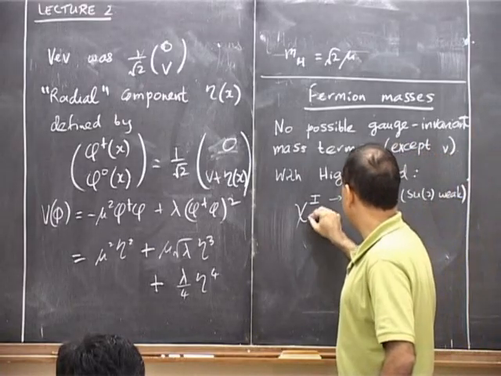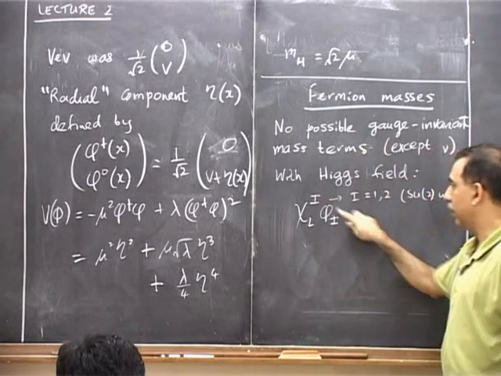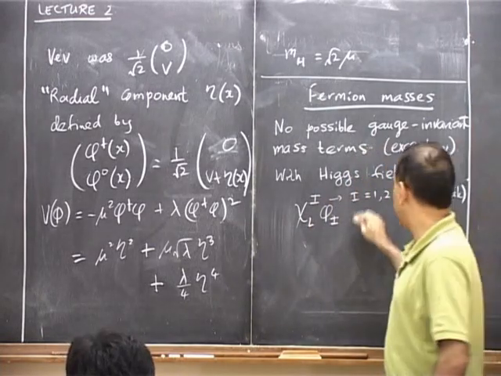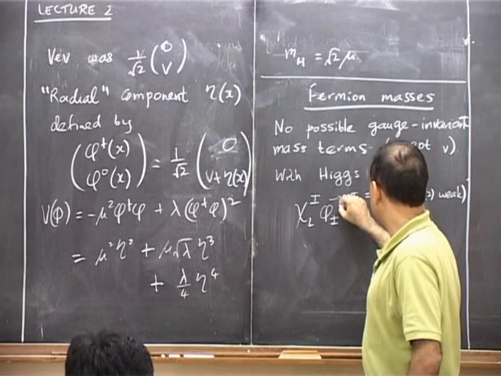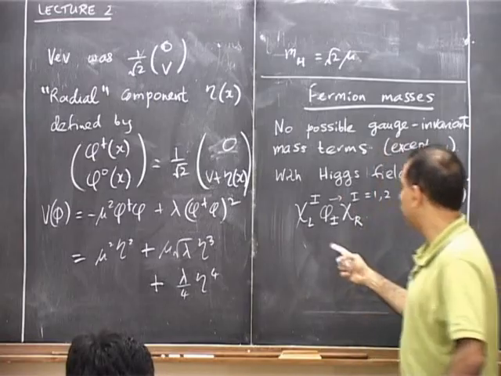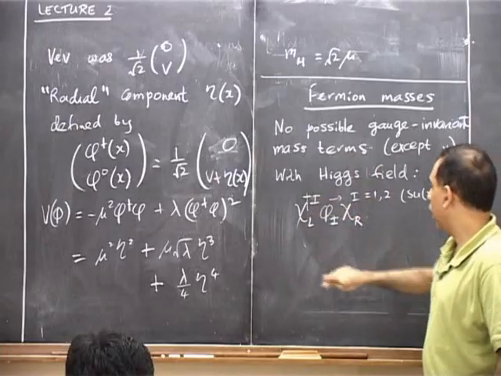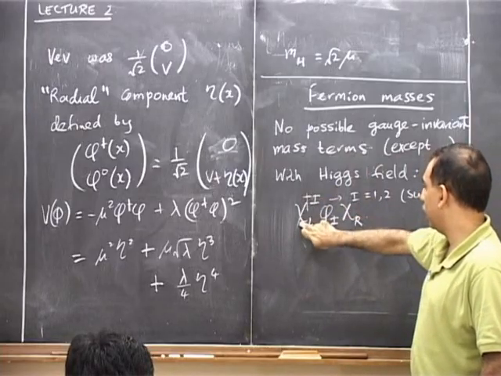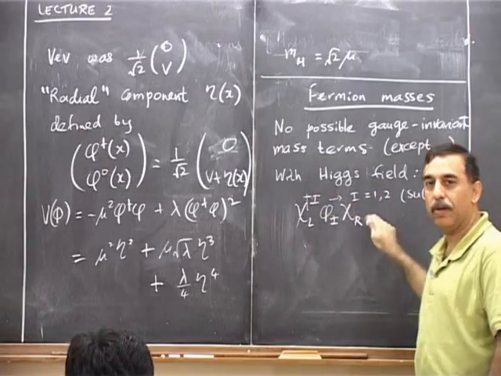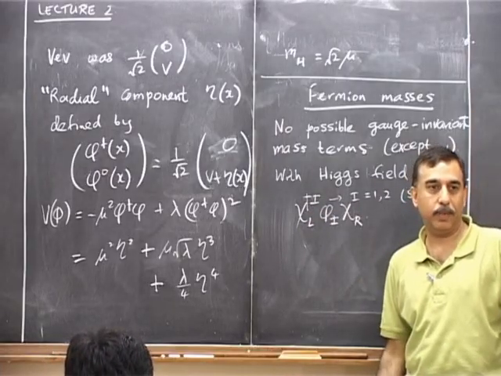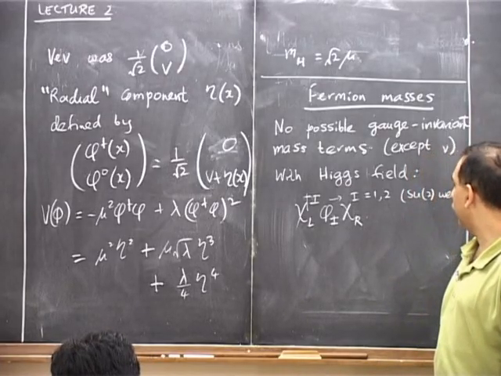So I can take a left-handed guy and contract it with the Higgs field. This is an SU2 weak singlet, and then I can contract it with some other fermion which is right-handed. If I put a dagger here, then if the left-handed were undotted, with the dagger it will be dotted. This is dotted, so I can contract these two. This is a schematic picture. I'll write the more precise thing later. I just wanted to see what is being done here.